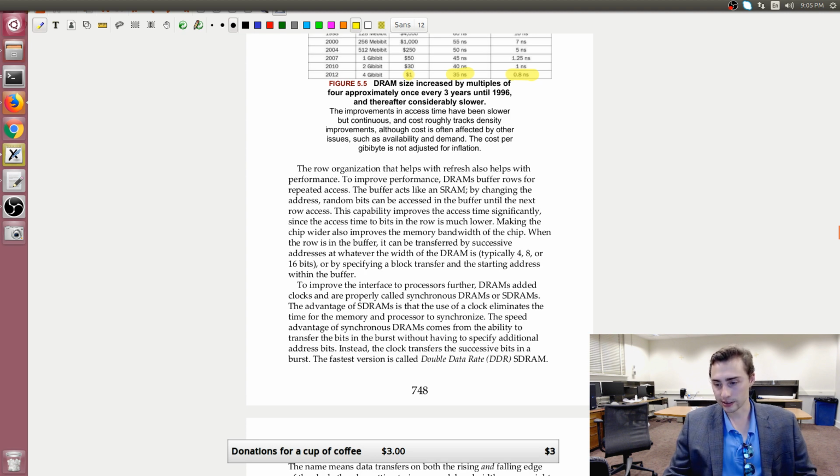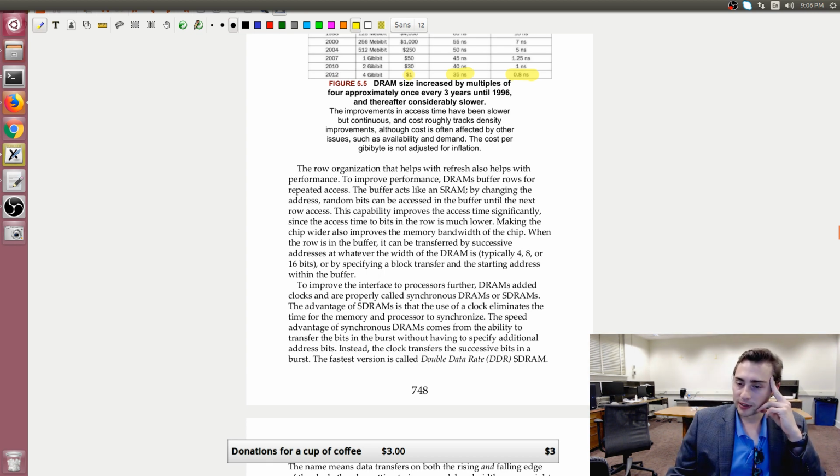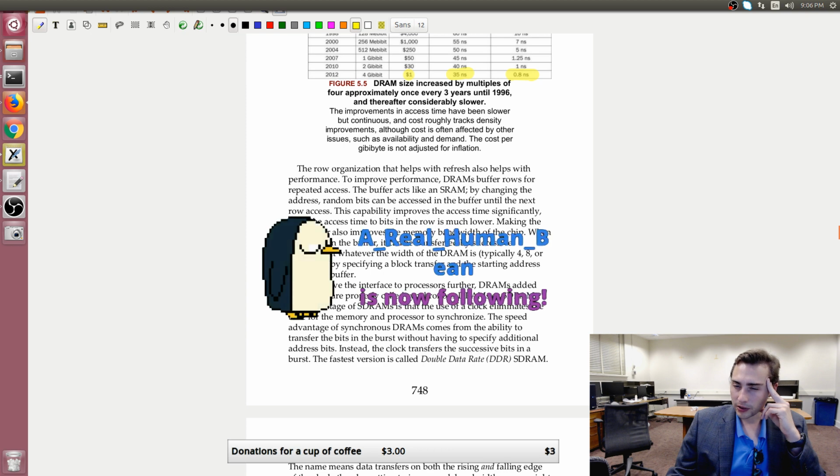Let me see. Let's look at settings real quick. Oh, it's probably filled in. So bar color, bar background color. Real human being is now following. Hey, thanks for following, man.